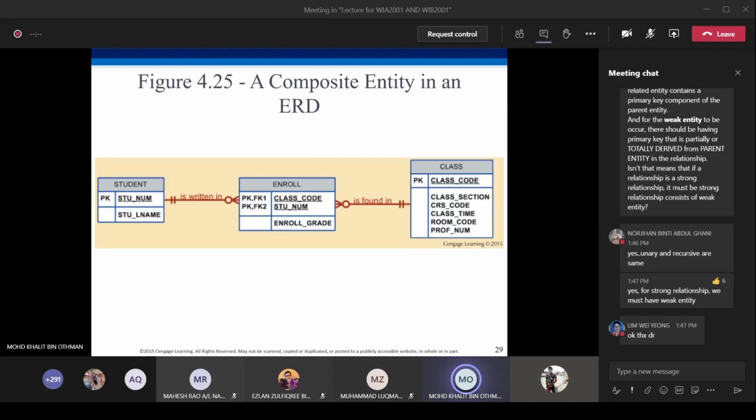The enroll table key, which is a primary key and foreign keys, class code and student number, is composed entirely of the primary keys of the class table and the student table. Therefore, no null entries are possible in the enroll table key attribute.